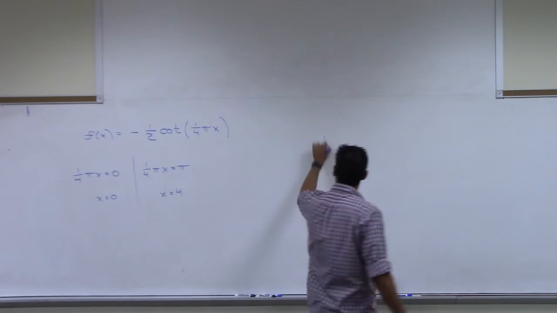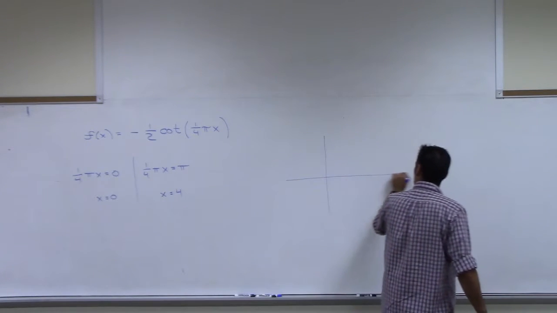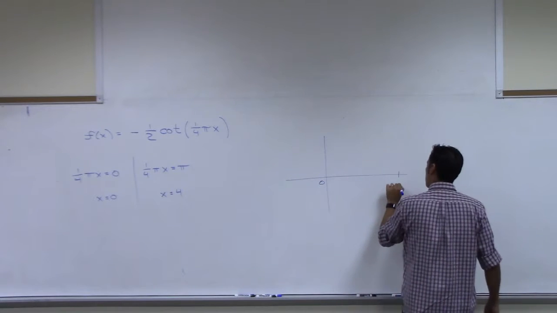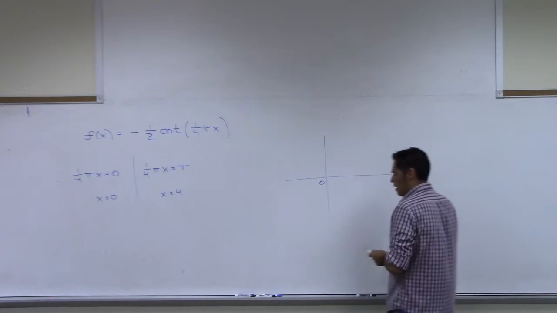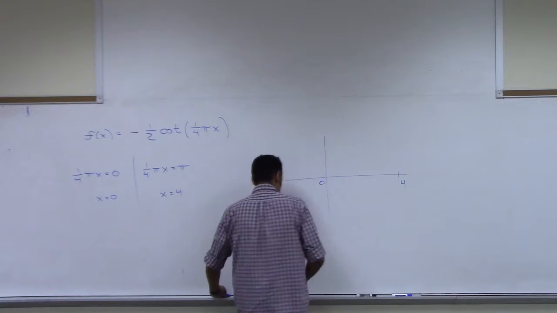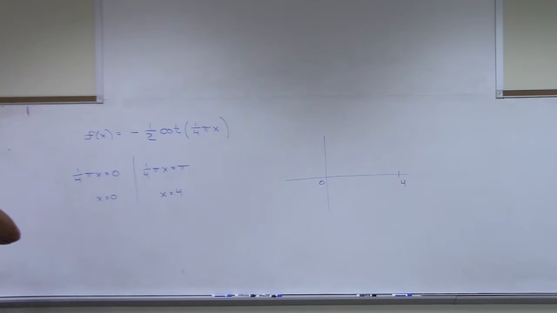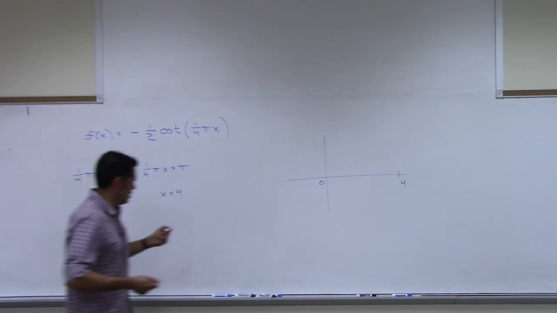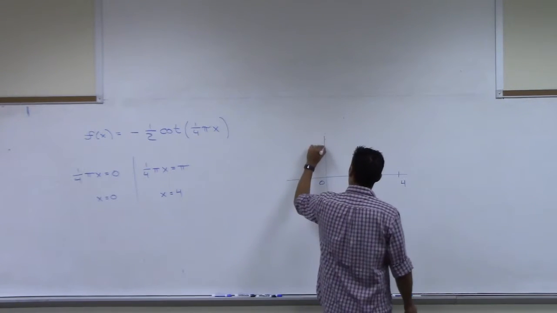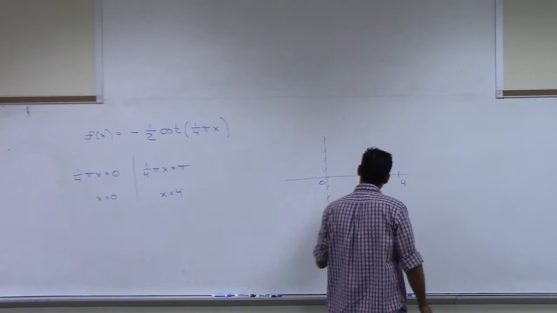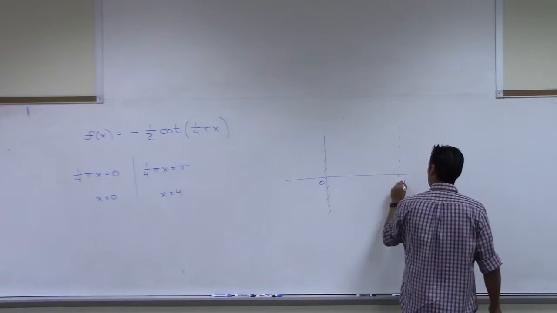So I'm going to draw 0 and 4. And at 0 and 4, I'm going to draw what? Two asymptotes, vertical dotted lines. So here's at 0, here's at 4. What comes next?